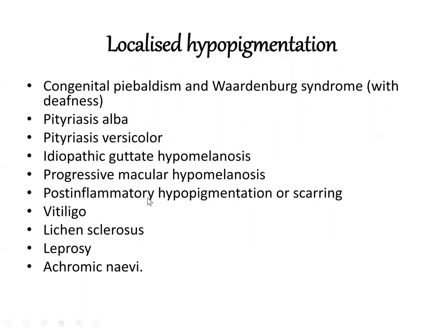Pityriasis alba, we discussed yesterday, causes ill-defined light color patches due to dryness, sun exposure, and mild dermatitis. Idiopathic guttate hypomelanosis, idiopathic guttate leukoderma, is common in middle-aged or slightly elderly females, with tiny depigmented spots which look like vitiligo, but they don't spread like vitiligo.